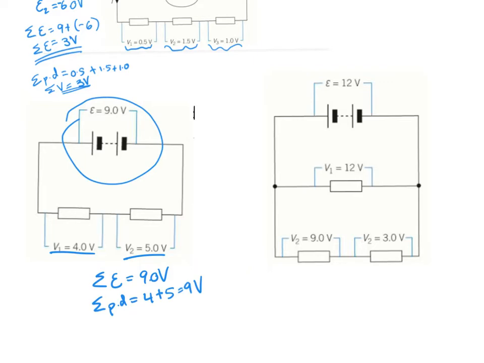Now, how does that work when we apply it to a parallel circuit? Well, in a parallel circuit, there is more than one path for current to flow through. As current flows down this direction, it reaches a junction which provides 2 different paths to flow through. That means current will split at that junction, but the potential difference is different.